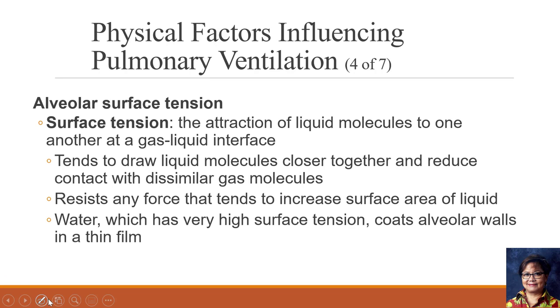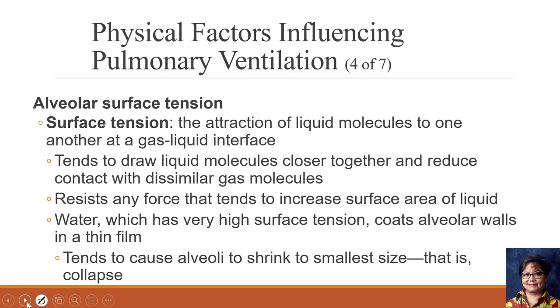And pretty much they tend to cause the alveoli to shrink and to collapse. So the surface tension of water has a pulling effect. Not elastic, but because they are cohesive and they are clinging to the wall of the alveoli because they're also adhesive. This is actually the property of water.